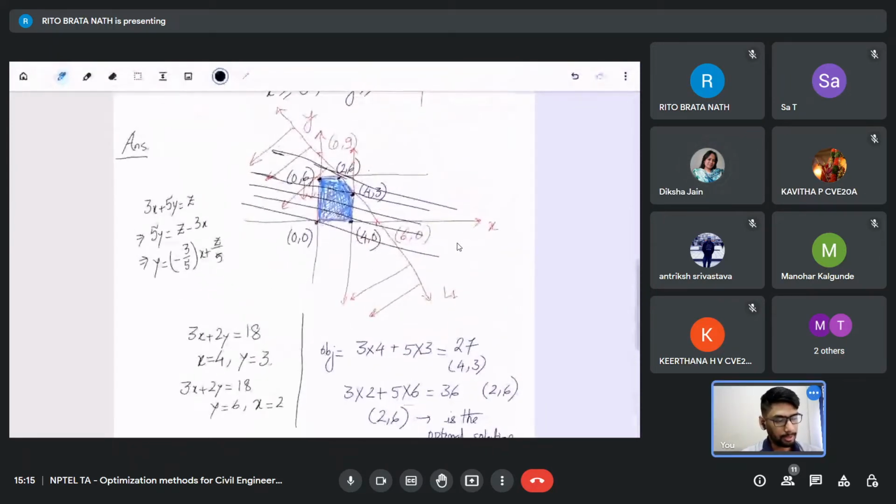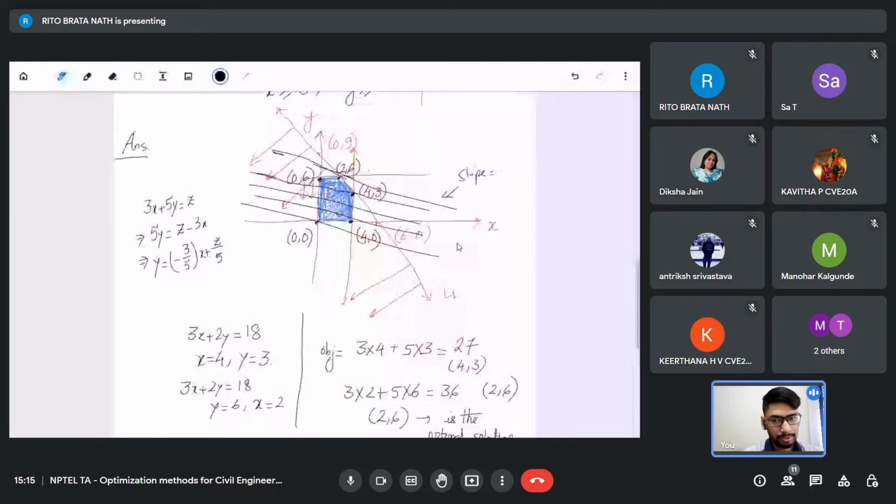These are straight lines with slope, say, minus 3 by 5. Your z is 3x plus 5y, and from this you have found the slope and then drawn these parallel lines.